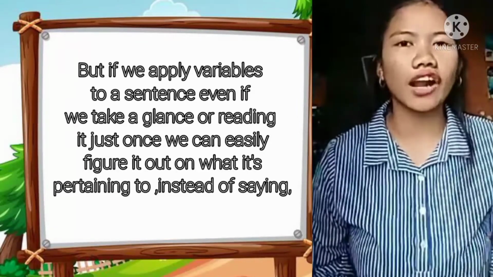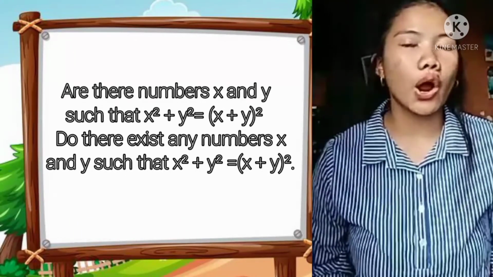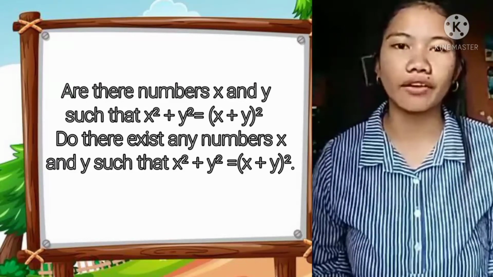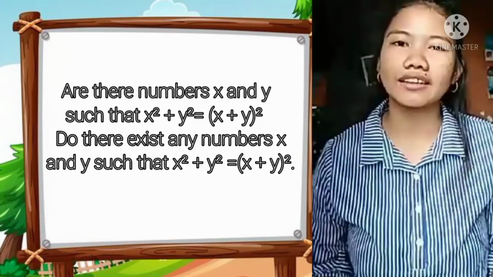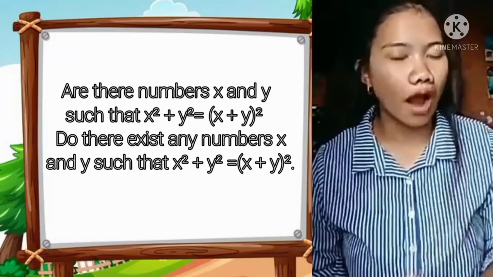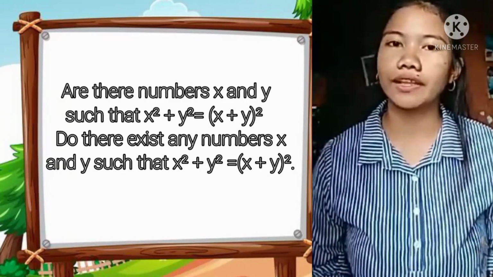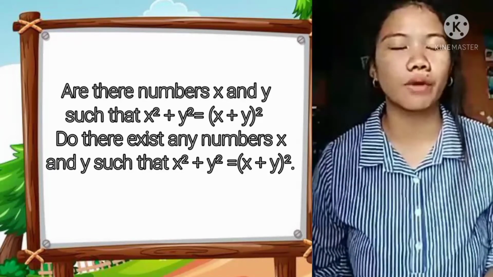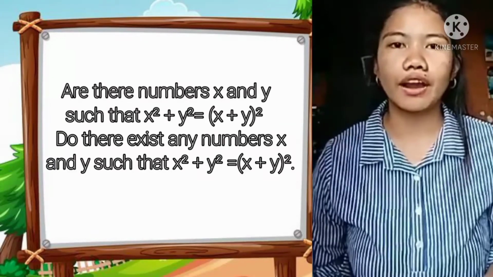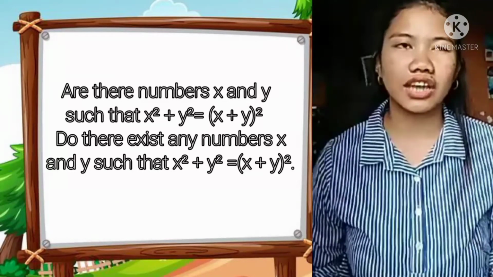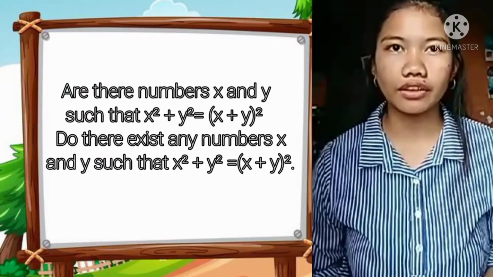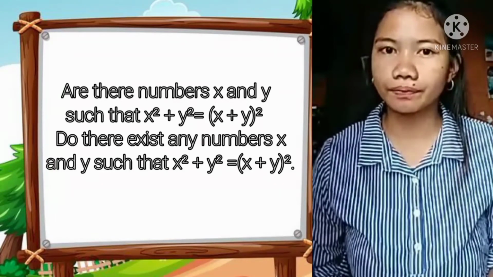So instead of saying, are there numbers with the property that the sum of their squares equals the square of their sum, we can say, are there numbers x and y with the property x squared plus y squared is equal to the quantity x plus y all squared?